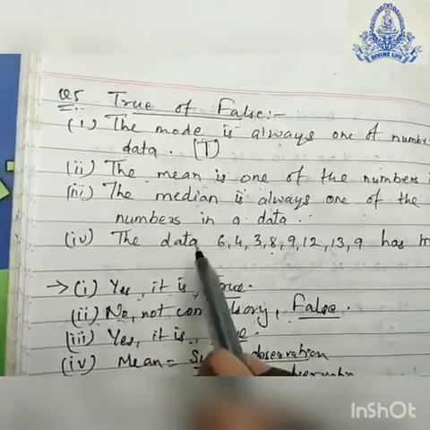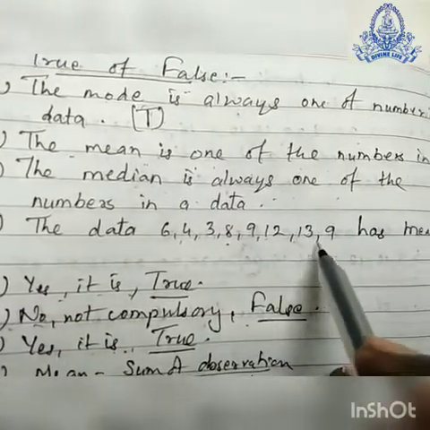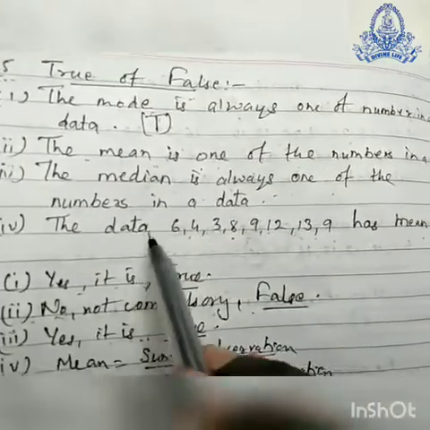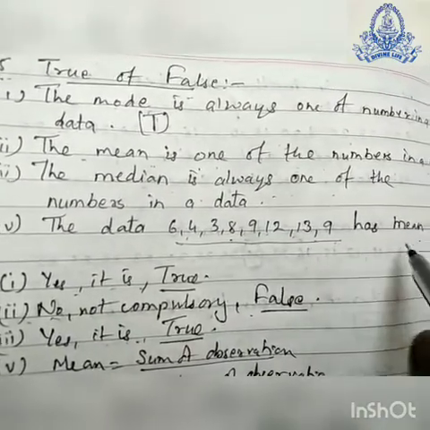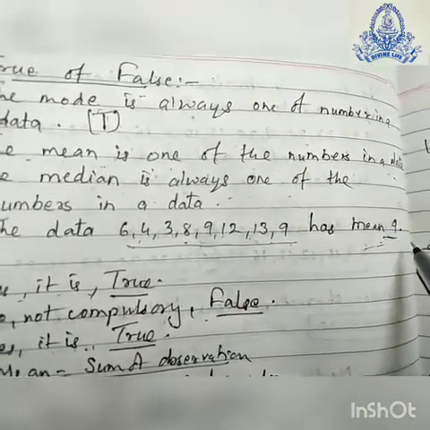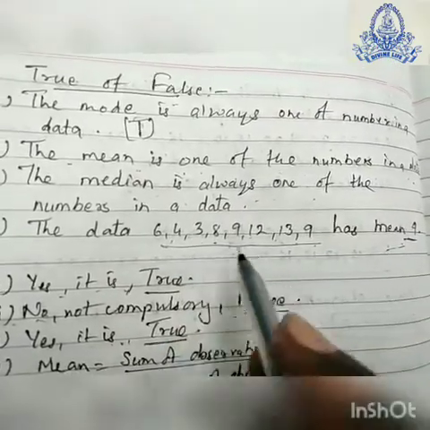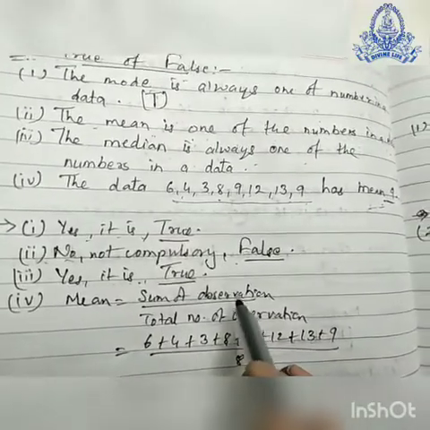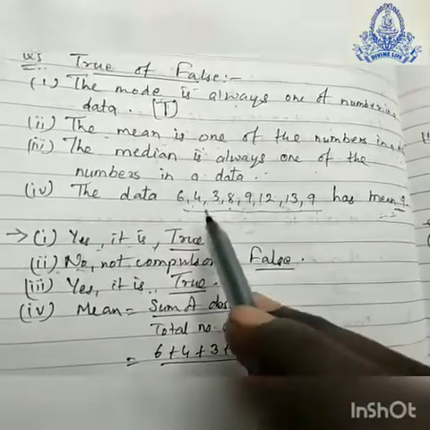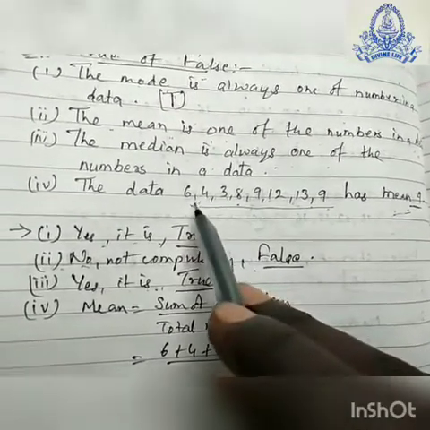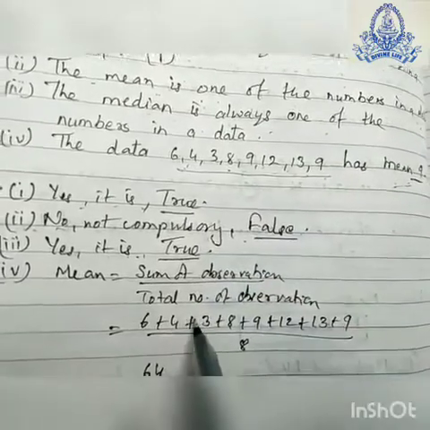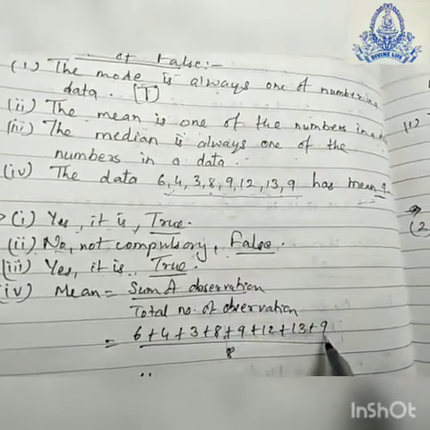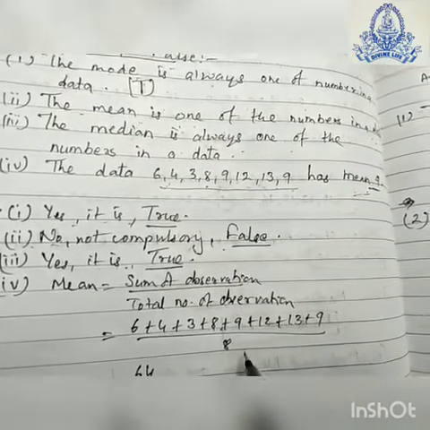Fourth, the data 6, 4, 3, 8, 9, 12, 13, 9 has mean 9. To find the mean, we take the sum of the observations upon the total number of observations. We add 6 plus 4 plus 3 plus 8 plus 9 plus 12 plus 13 plus 9, divided by 8.